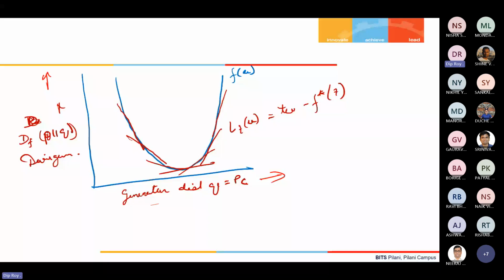Suppose this is Q0. At this particular point, the role of the discriminator is to find this particular tangent at that point. All right. So it is going to find the line that just touches the convex curve at that point.